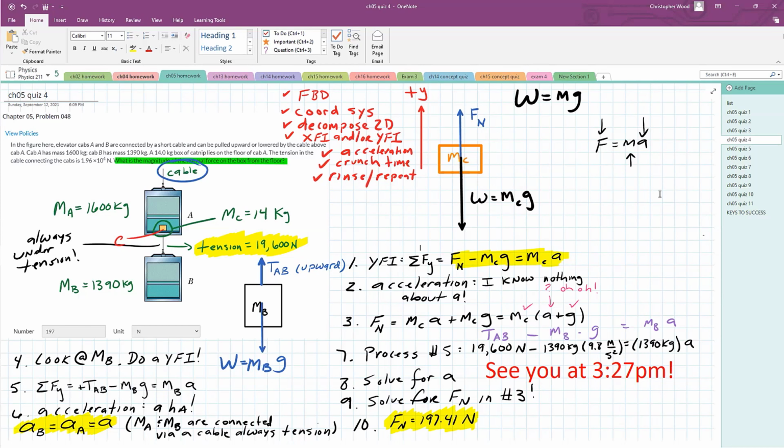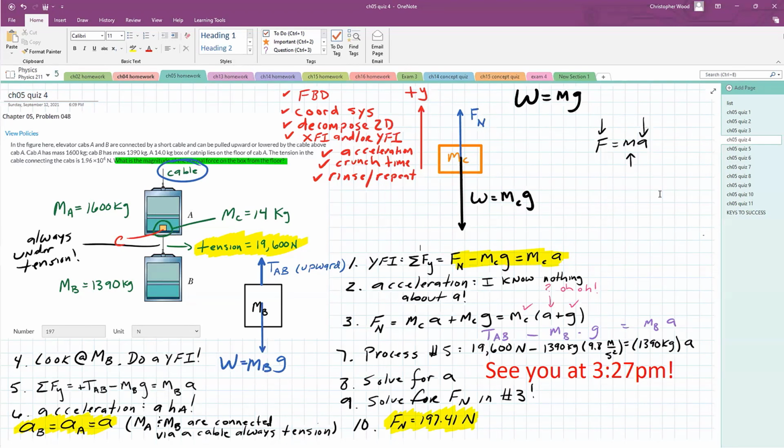MC is just whatever the mass of object C is, the box of catnip that's lying in the bottom of elevator A. If you go up to the problem statement, in the second line there's a sentence that says a certain kilogram box of catnip lies on the floor of cab A. Do you see that?